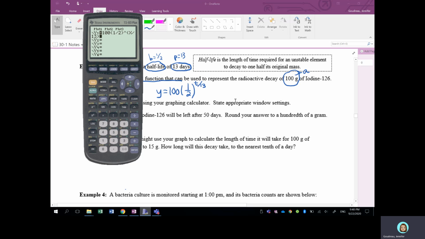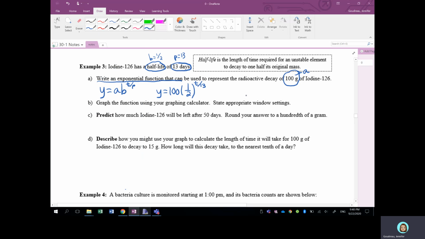The standard window setting here is not necessarily appropriate for this situation. Our x values are going to be representing time. So when I look at the x minimum, there's no use looking at any negative x values. Time can't be negative. So my x minimum is going to be 0.